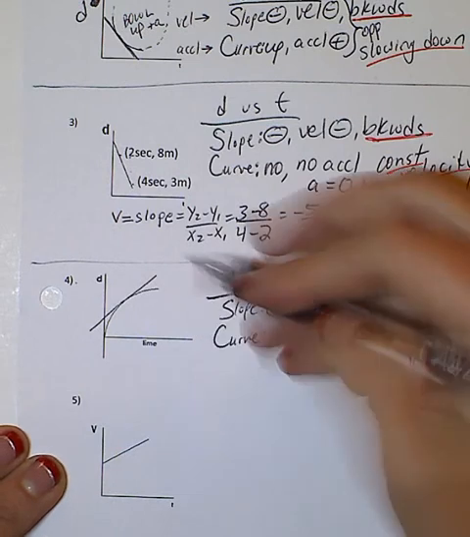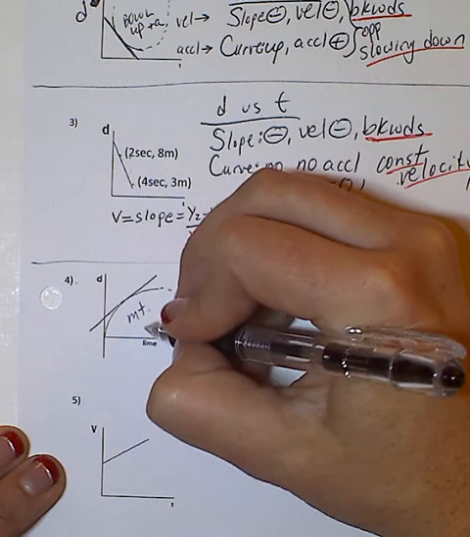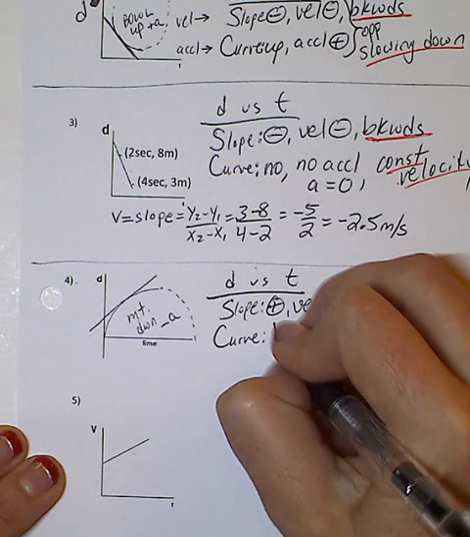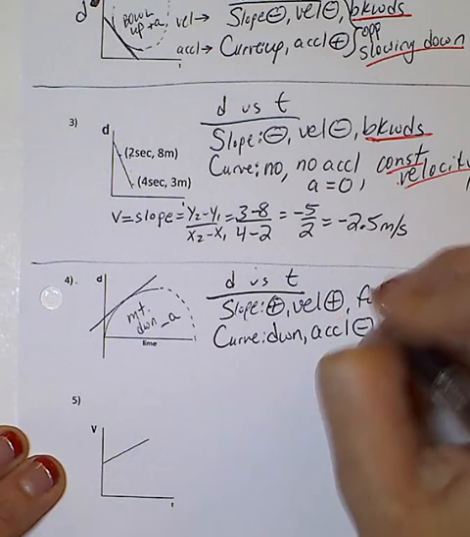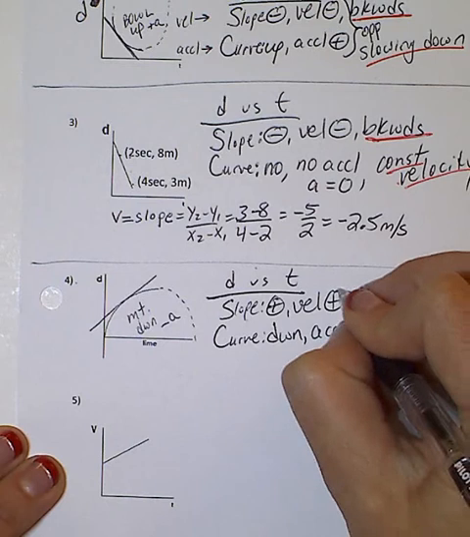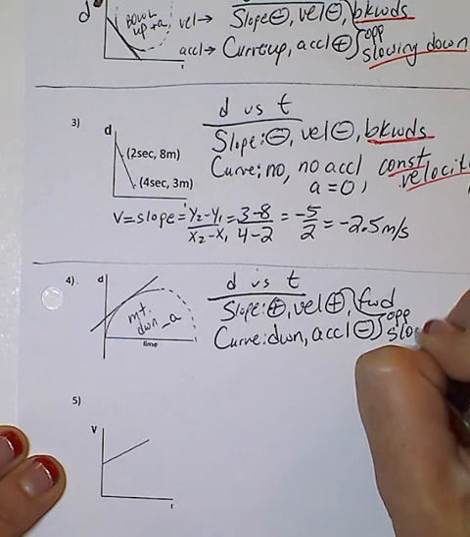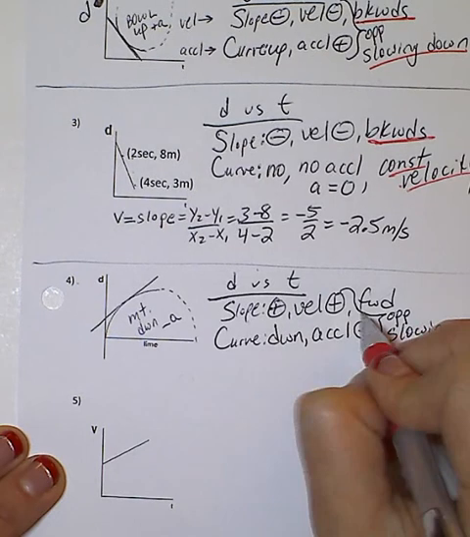And this is part of a mountain, which is down, and that means negative acceleration. So this is down, which means acceleration is negative, and these two having opposite signs let me know that it's slowing down. So this one is moving forward and slowing down.